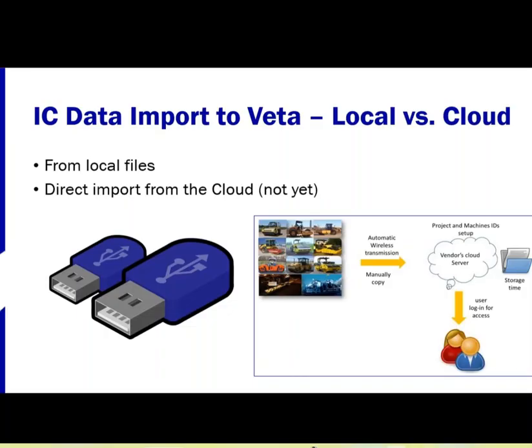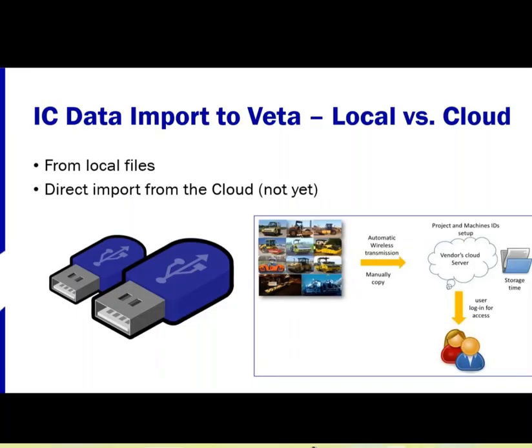A direct download is actually already happening for several vendors I mentioned in the table earlier. That is the preferred method: transfer the data wirelessly, telematically, to the vendor's cloud, then the user can download directly to Veta.